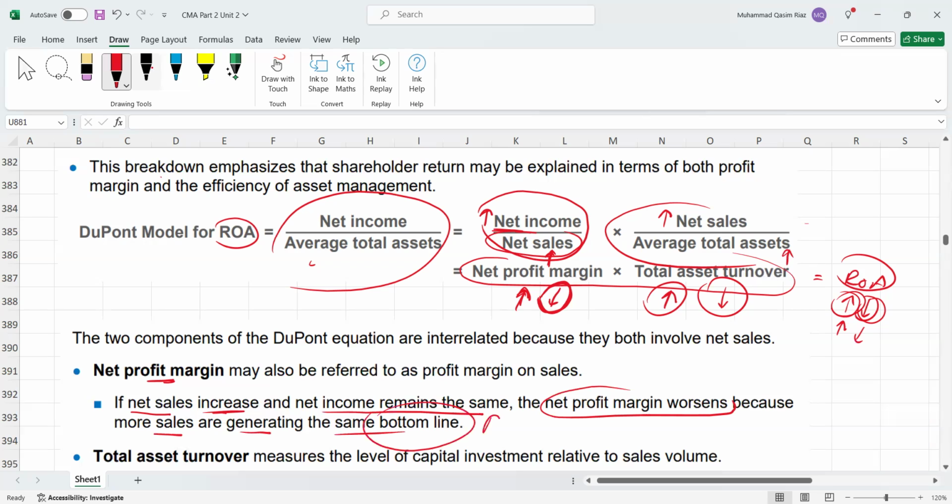Bottom line means here profit. If sales increase and your profit is unchanged, your net profit margin overall will reduce, because the denominator is increasing, which will obviously reduce your return on asset also. Understood, guys? I hope that is clear.